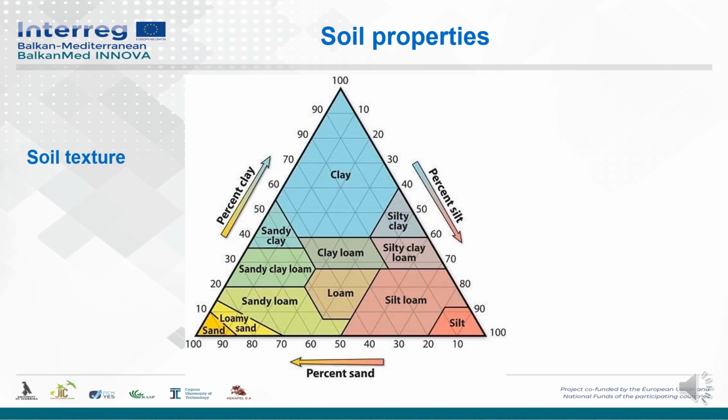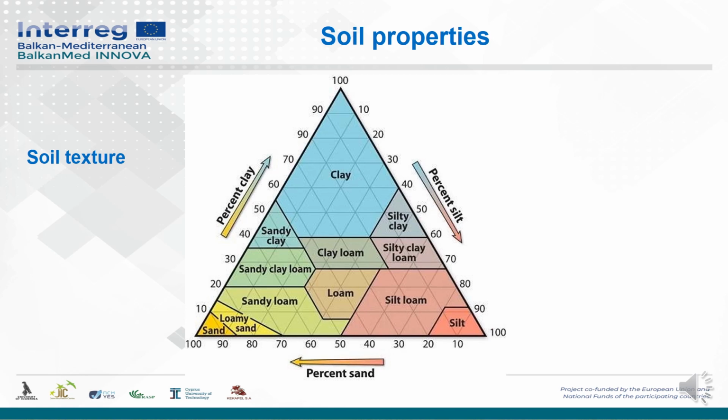For example, if we have the percentage of clay 50%, we go to the vertex of clay, find the number 50, and from it we follow a line that is parallel to the sand percentage.